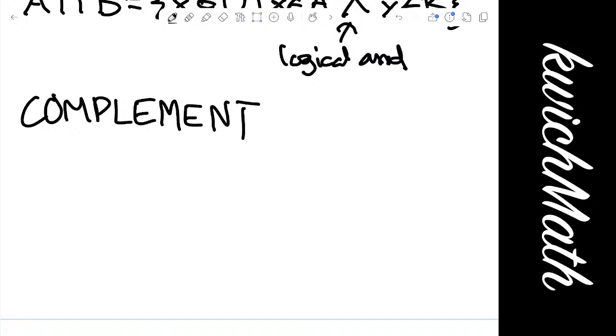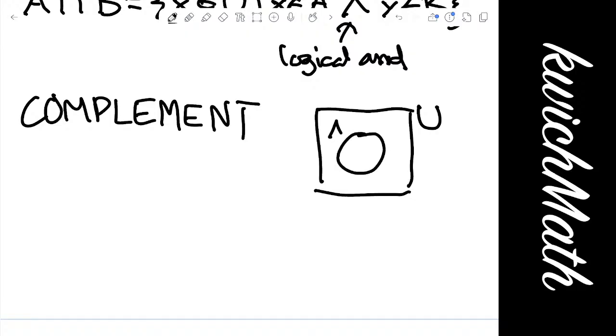So in the previous examples we did for unions and intersections, the base set, the universal set, wasn't really important to us. But here when we're doing the complement, it will be, right? So we have the universal set here, and we have some A inside.